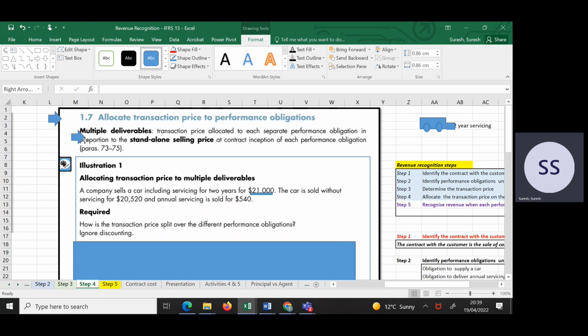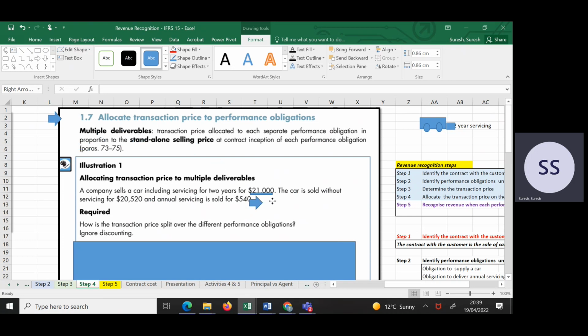Now let's read a little bit from the paragraph here. This is what we have: allocate the transaction price. Here the transaction price is 21,000. How am I going to allocate the transaction price to each separate performance obligation? Here the separate performance obligations are: one, supplying the car; second, servicing the car, and in proportion to standalone prices.